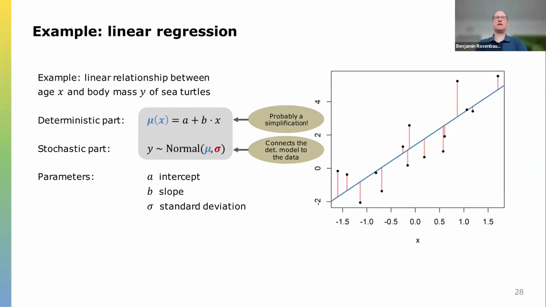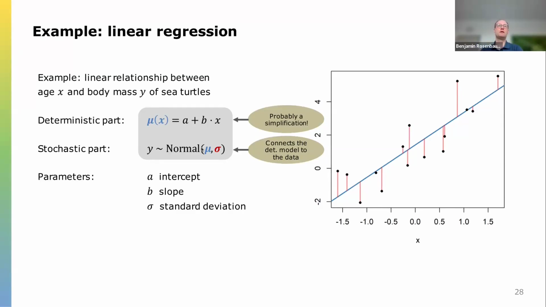However, usually we think that this is already a simplification, right? Much more processes go into growth than just age as a single predictor variable. But these are unmeasured, and maybe there's also a measurement error and some other sources of variation.